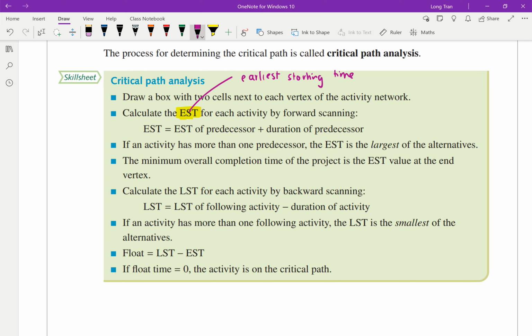So it's what's the earliest time you can start this activity, whilst LST means the latest. So what is the latest starting time? And you'll see what I mean when we start doing a couple of problems. Then there is what we call a float time.